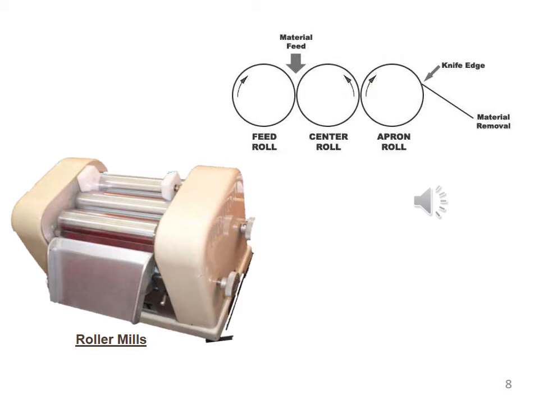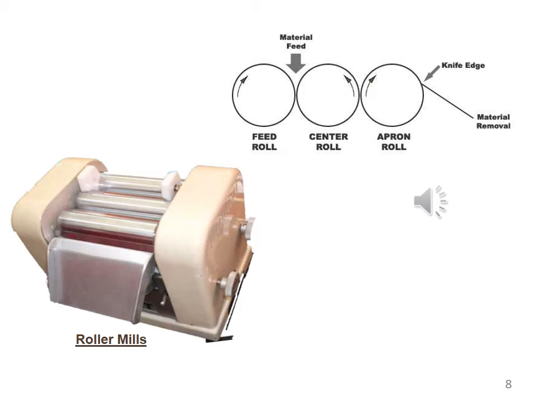An arrow shows a position in which our material is fed between the 2 rolls.